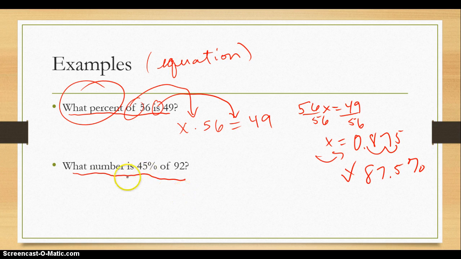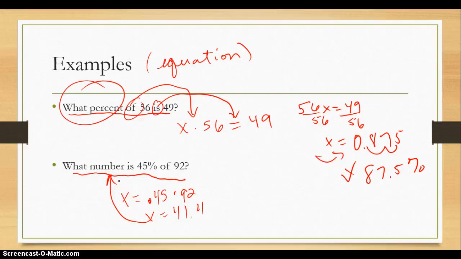So let's look at it. Write an equation. What number is 45%, and I'm changing it into a decimal right off the bat, times 92? So 41.4. So 41.4 is 45% of 92.